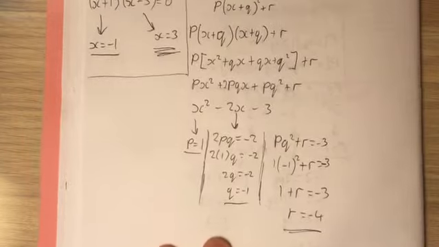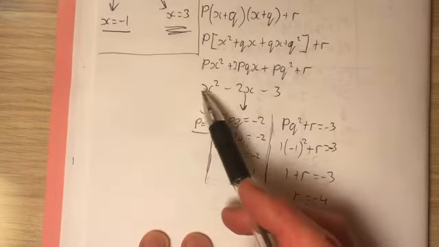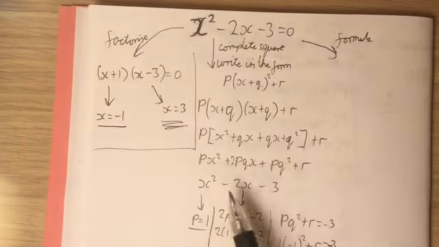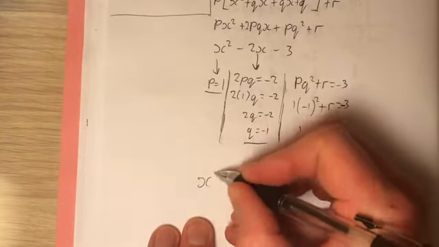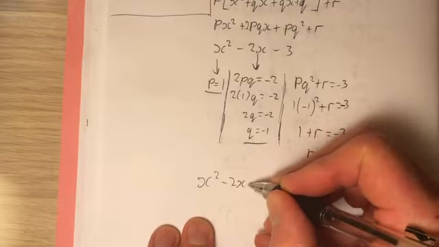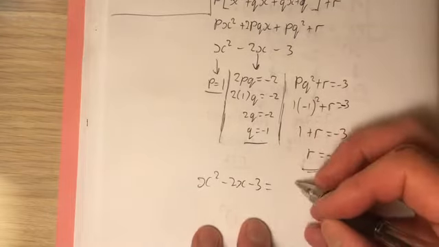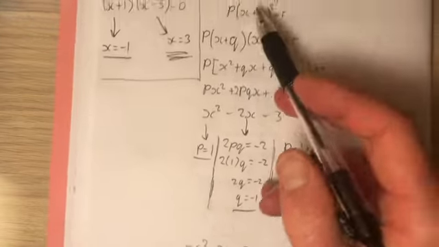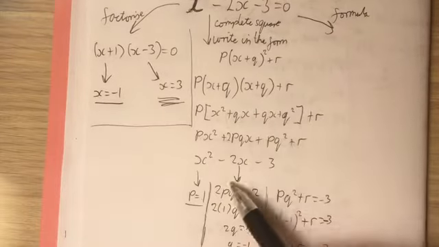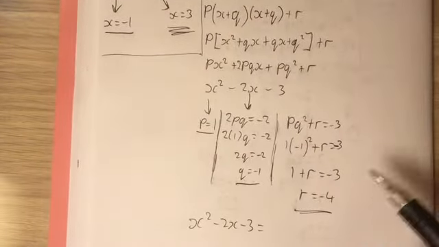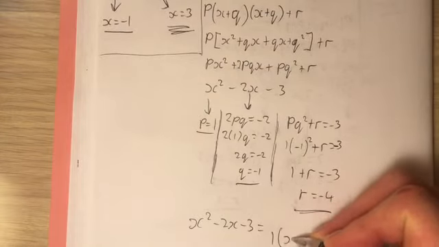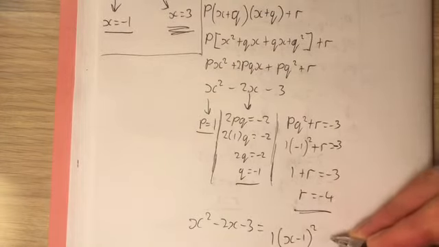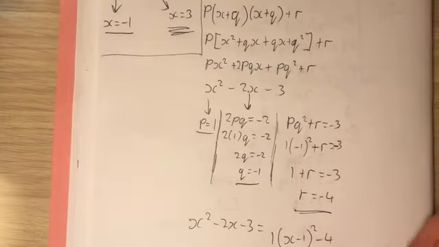So what we found out is that this original equation that I started with at the top here is the same thing. Okay, so x squared minus 2x minus 3 is the same thing as this equation here, but with these numbers in it. So it's the same thing as 1 times x minus 1 squared take away 4.